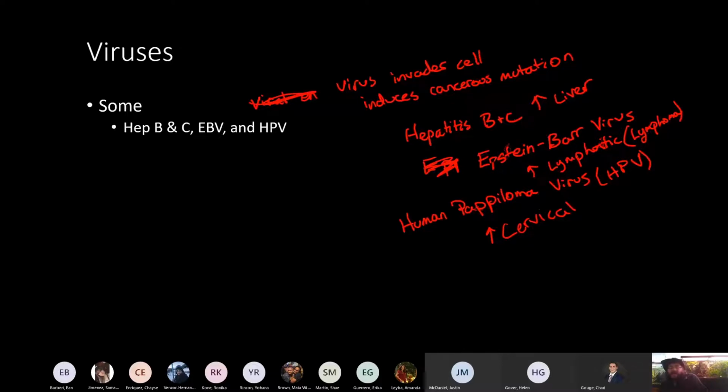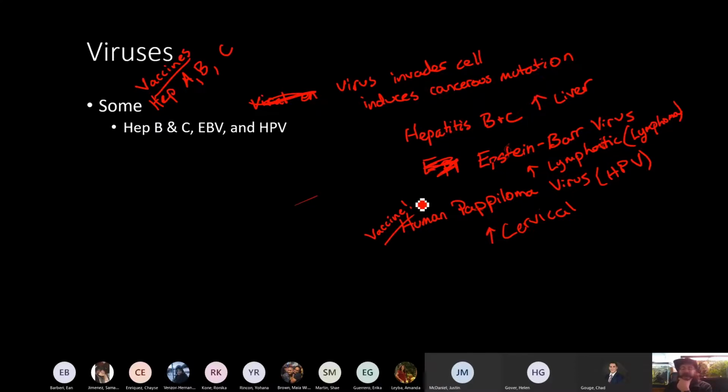So, not ideal, these. The good news is that there is now a vaccine for Hep A, B, and in recent developments, C. So we now have vaccines for Hep A, B, and C. And we have a vaccine for HPV.